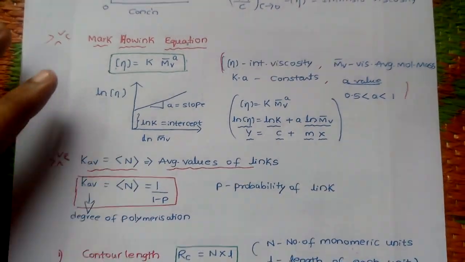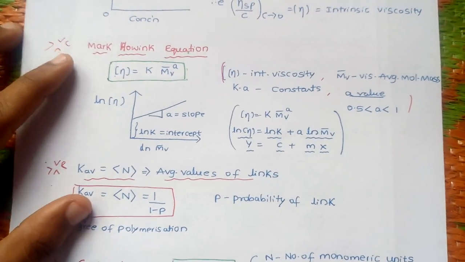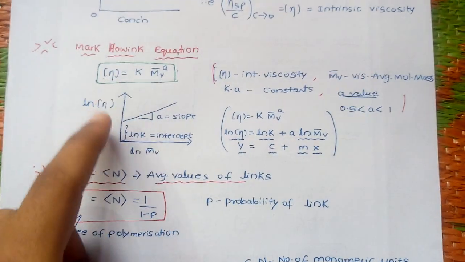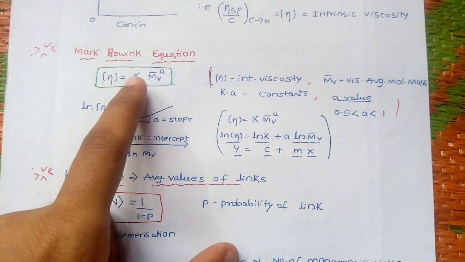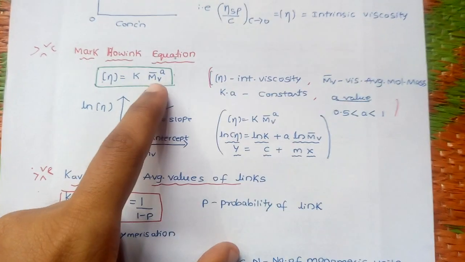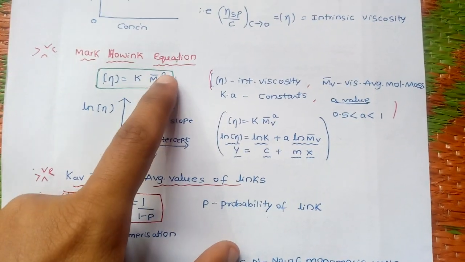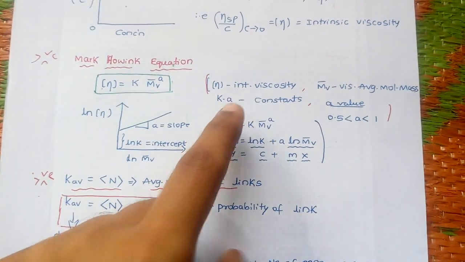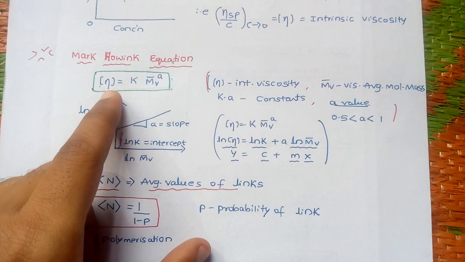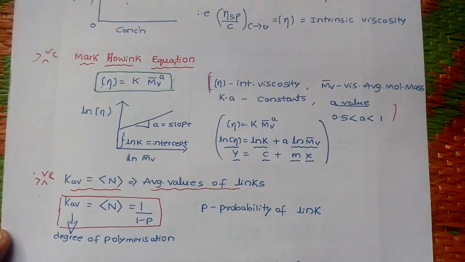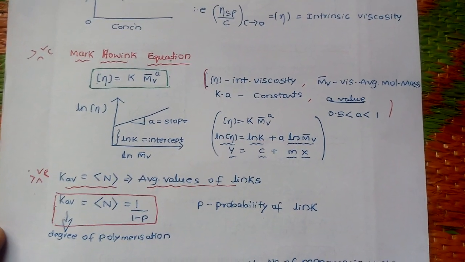Next important formula is the Mark-Houwink equation. Intrinsic viscosity eta is equal to K into M bar V to the power a, where K and a are Mark-Houwink constants, eta is intrinsic viscosity, and M bar V is the viscosity average molecular mass.